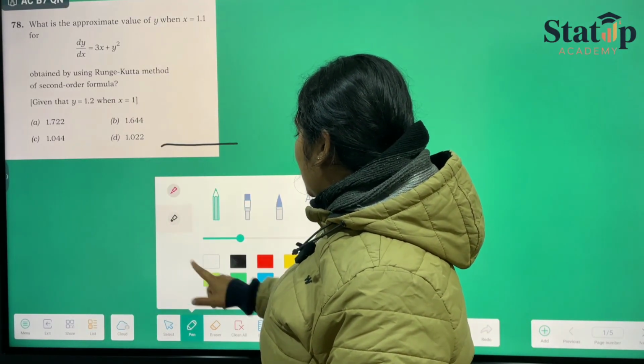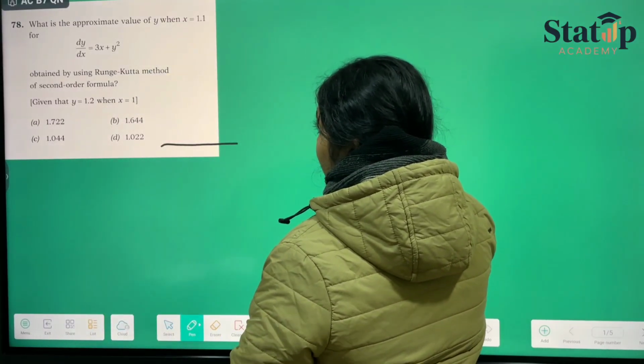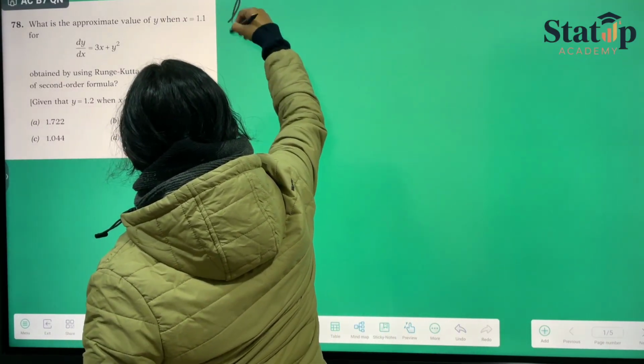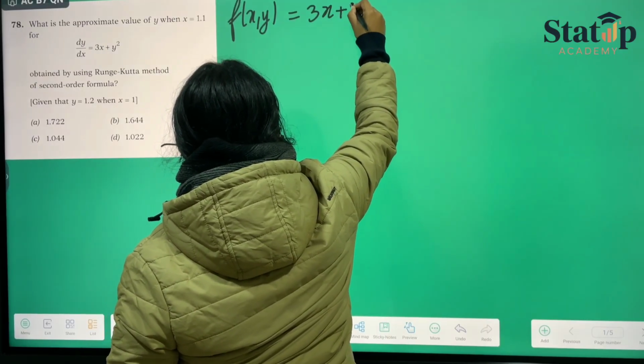They've asked us the value for second order by using the Runge-Kutta method. Here f(x,y) has been given to us as 3x plus y square.